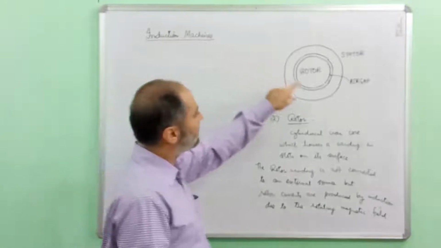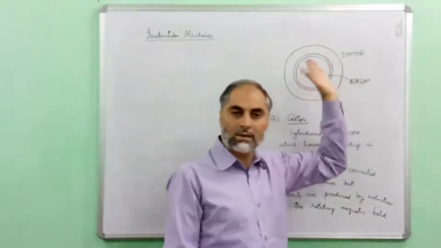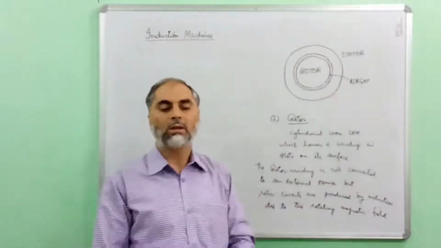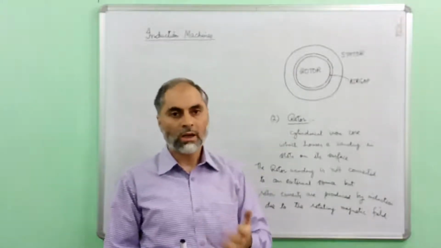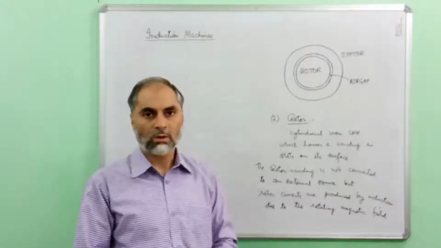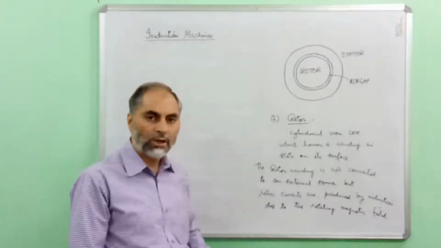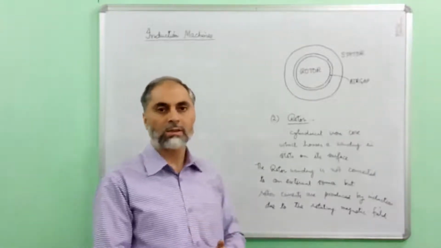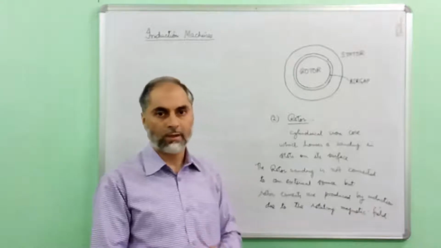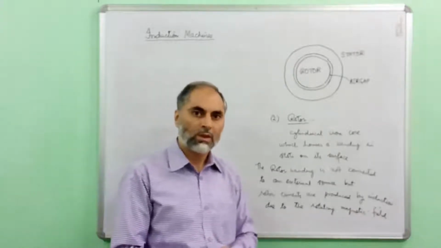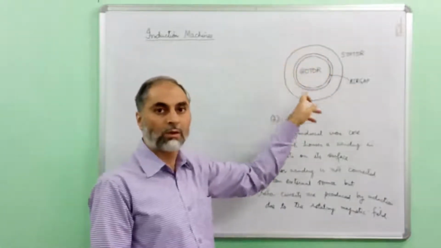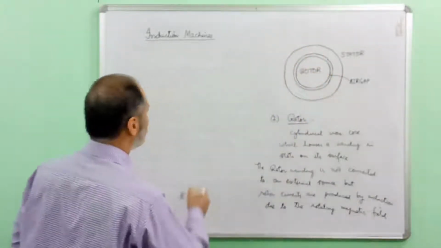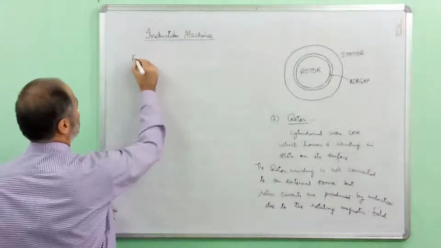Now, since the currents in the rotor are produced due to induction, for induction action to occur there has to be a relative motion between the rotor conductors and the rotating magnetic field, and therefore the speed of the rotor can never be equal to the speed of the rotating magnetic field. Let's write it here.